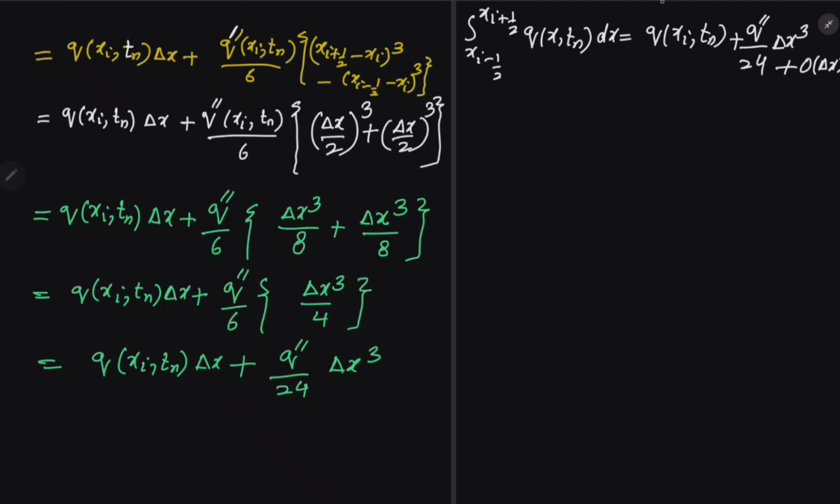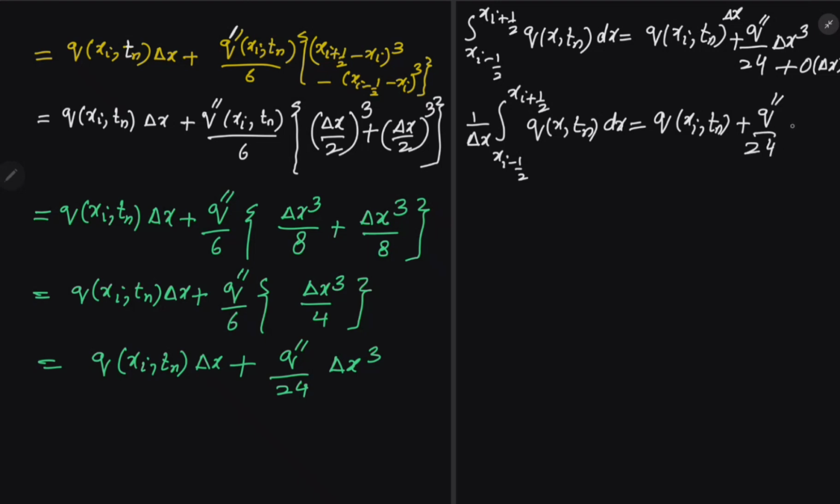In order to get Q bar i, we divide this whole by delta x. So we get 1 by delta x times the integral from xi minus 1 half to xi plus 1 half of Q x Tn dx, which is equal to, there is delta x, I missed it, Q xi Tn, and we divide this by delta x, we get Q double dash by 24 delta x square.